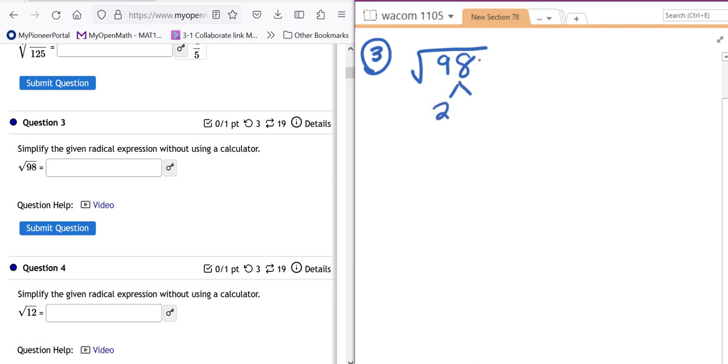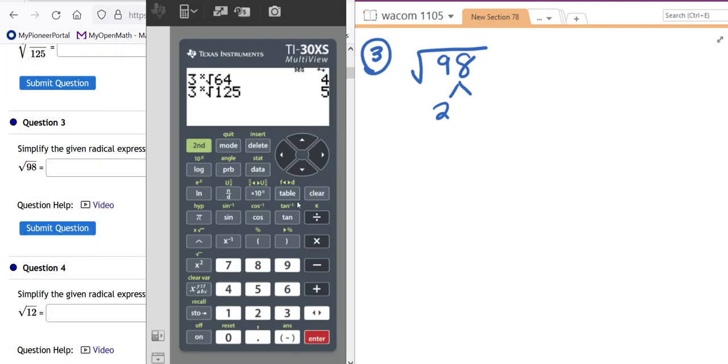And we're going to use a calculator here just to help us divide 98 divided by 2. But we're not going to do the square root on there. So 98 divided by 2, and I picked that because I couldn't think of anything that goes into 98. Sometimes something nice will pop in your head, but this one doesn't. It ends in an even digit, so that is why I started with a 2.